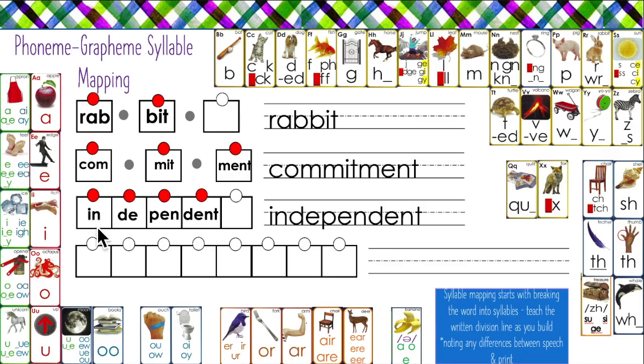So their one-to-one correspondences are going to be a lot stronger. So you can break it up into syllables and spell it by syllable instead. Okay. Once you got through D-E-N-T, I would still go, let's do a syllable check. Independent. Let's read it. Independent. Our word is independent. I would still put that embedded decoding in there because that's the point of the syllable work, is decoding it after what's there.